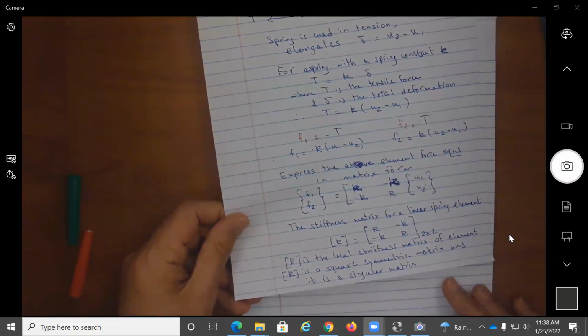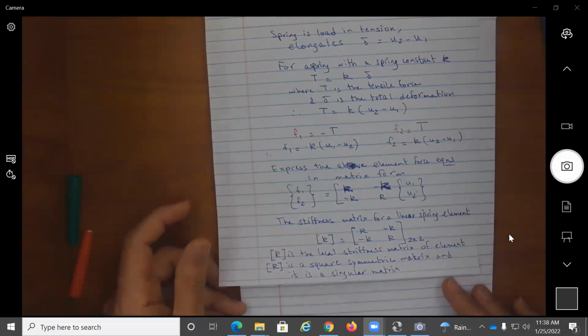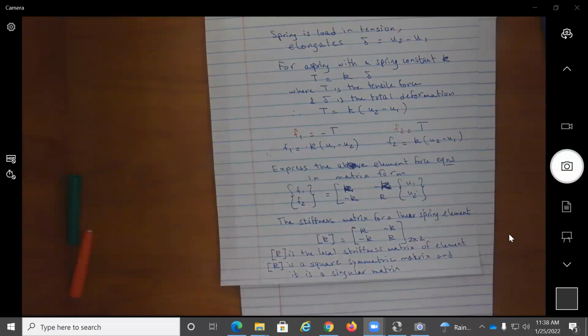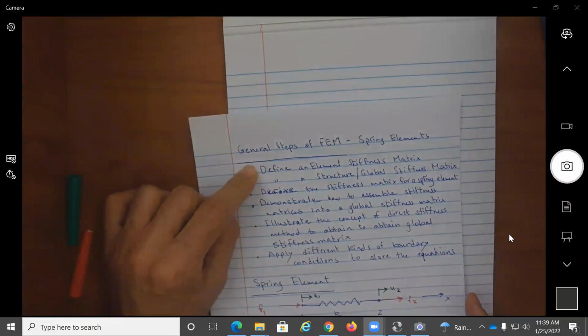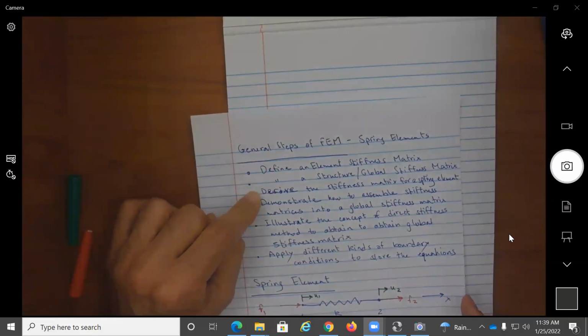Anyone still writing? Good. So we defined an element stiffness matrix, and we derived the stiffness matrix for a spring element.